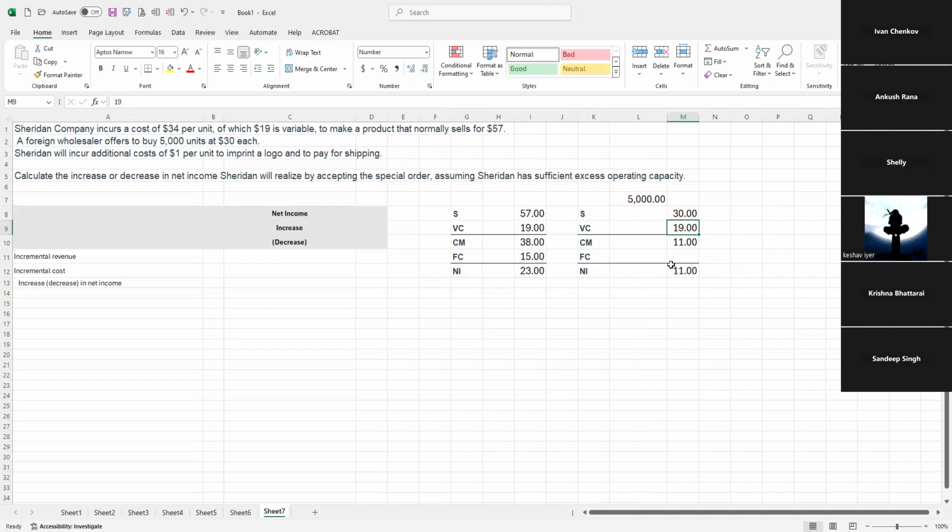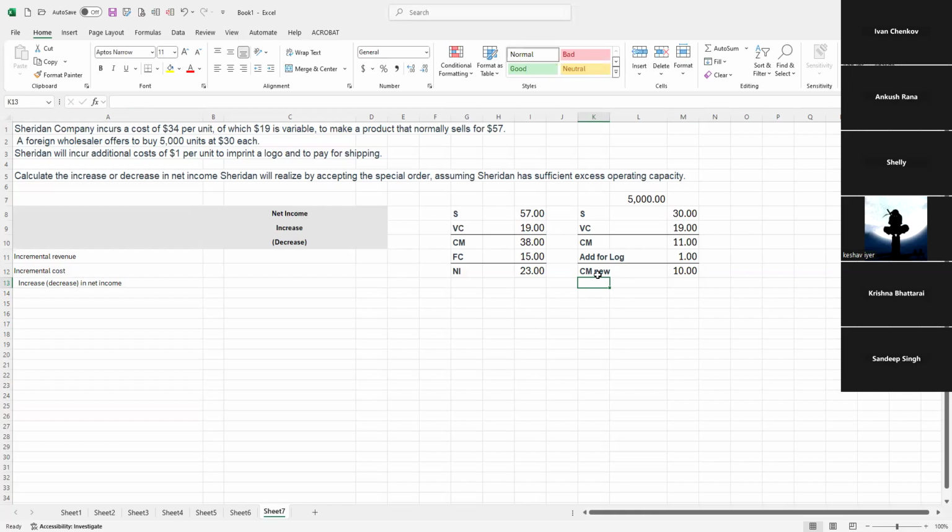Yes. So I'm gonna generate $11 up to this point. But I'm gonna have additional cost of how much? $1 to imprint the logo. So additional for the logo, $1. How much now is my new contribution margin? $10 per unit.